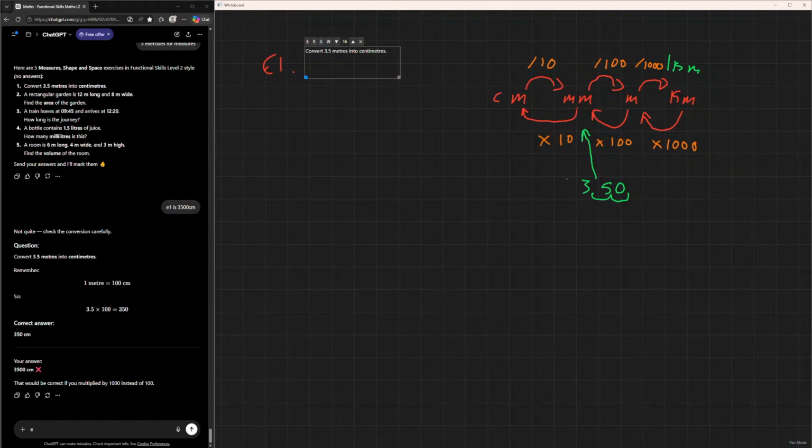But to go from millimeters to centimeters, then should be 3,500.